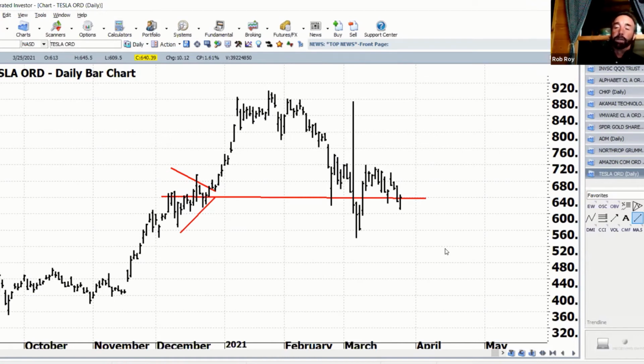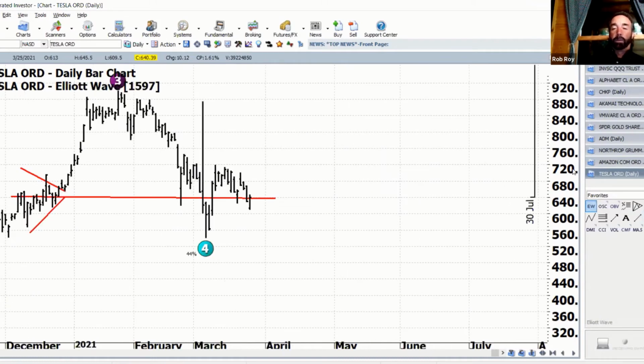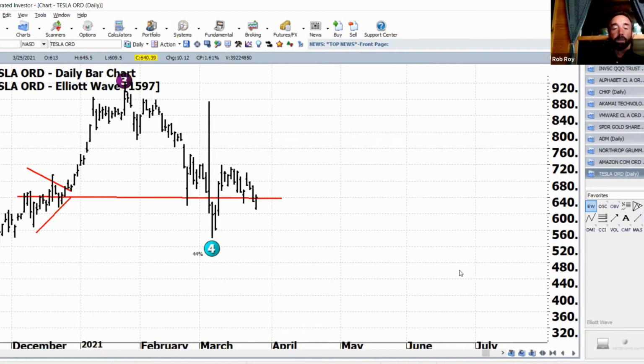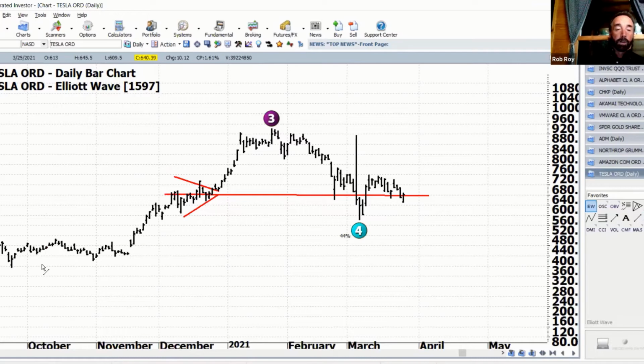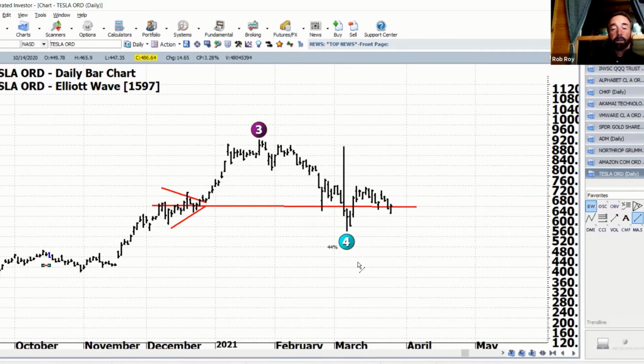Now the question is, can Tesla hold here? If it doesn't hold here, then it goes back down to, and it's still qualified as an upward wave 5 pattern. But if it doesn't hold, it comes back down here. So it makes a significant move to the downside if we don't hold right here. If it does, if it begins to bounce, then we'll take the put off.